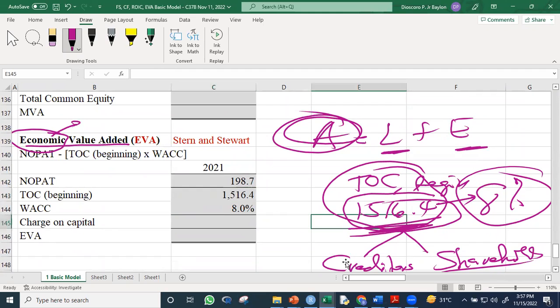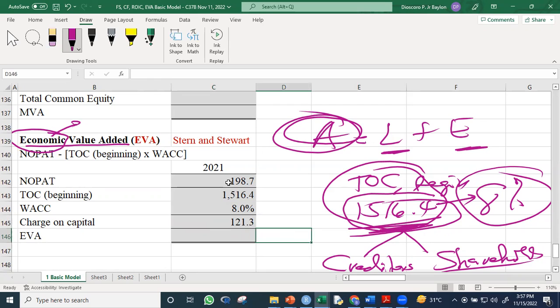There's opportunity cost from the perspective of the ones supplying this capital. So ang charge to capital natin will be 15.16 times 8%. Yan ang charge to capital, 121.3. So nakapag-generate si company ng 198.7, pero ang cost ng paggamit ng capital is 121.3. Therefore, yung difference ng dalawa, yung operating profit na na-generate minus yung charge sa gamit ng capital, is 77.3.